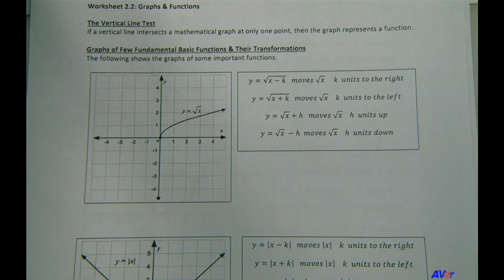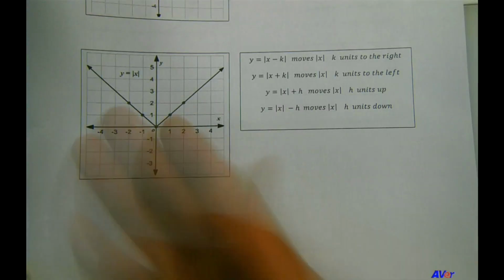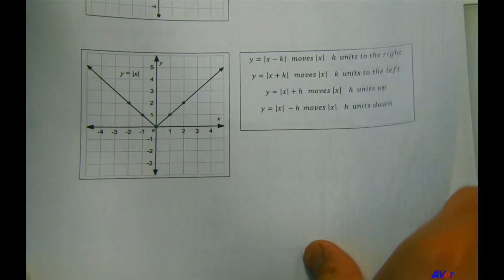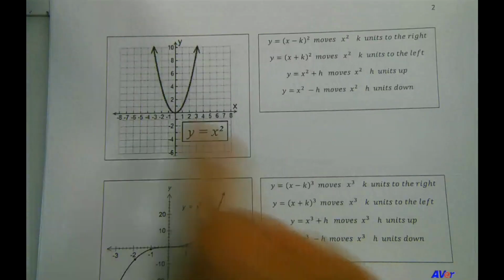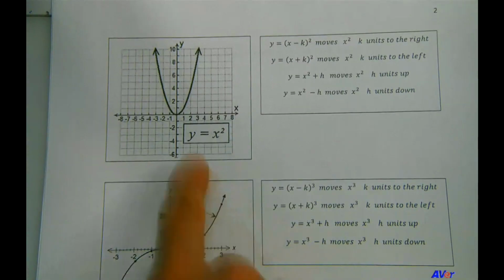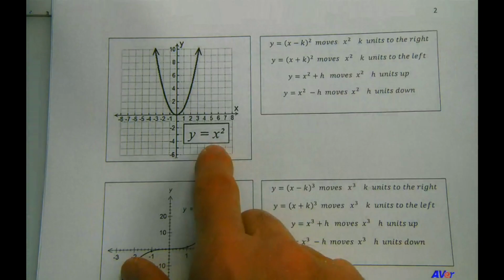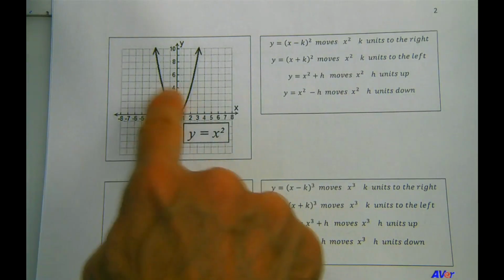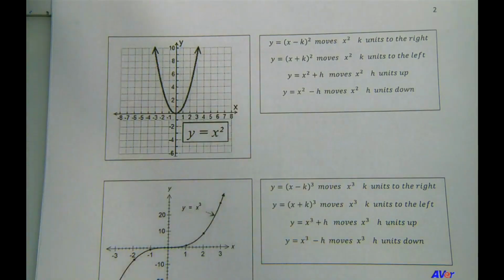Another one of those main functions is the absolute value function. So we will be talking about transformation of that. Then, of course, the very famous quadratic function, which is y equals x squared, otherwise known as the parabola. And we will be talking about transformation of this function within the xy plane.